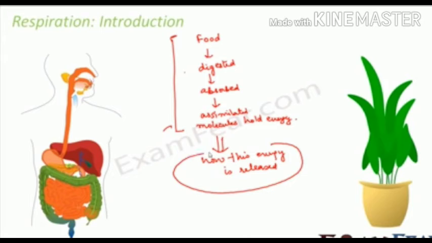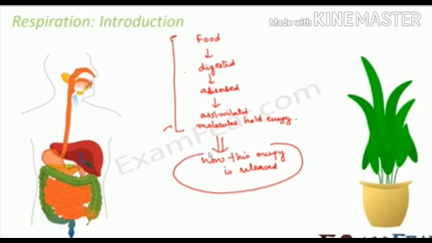What are these assimilated molecules? They are nothing but the simple food particles, because the complex food was converted into the most simple form. The simplest form of food would mean glucose. So this glucose is oxidized.